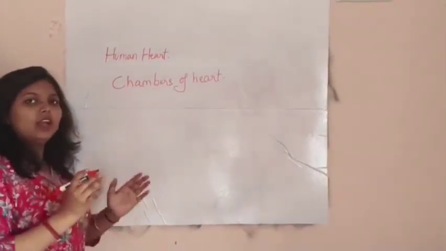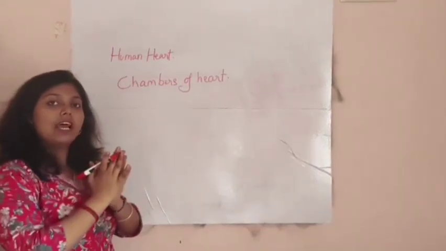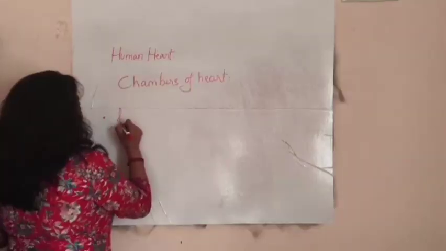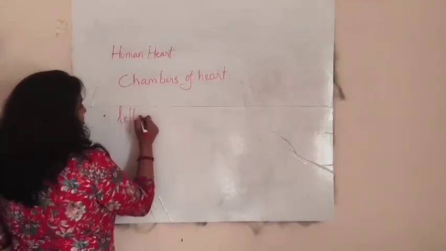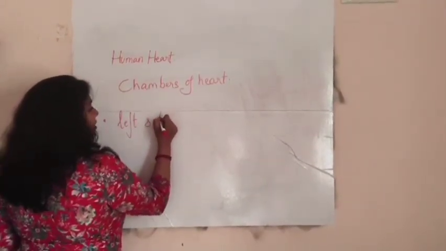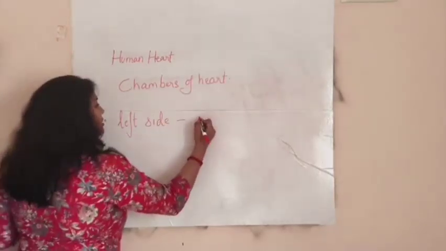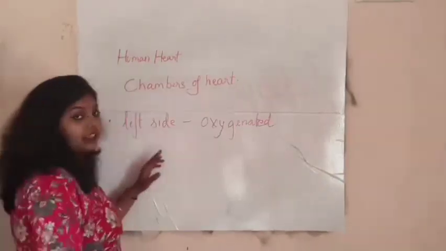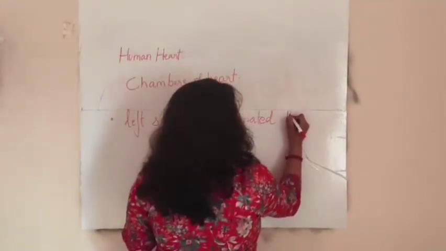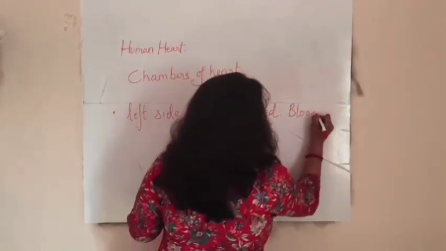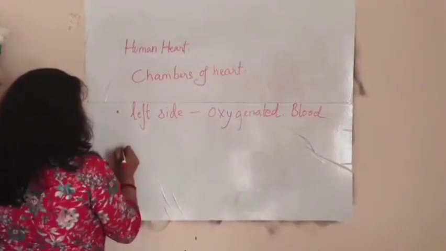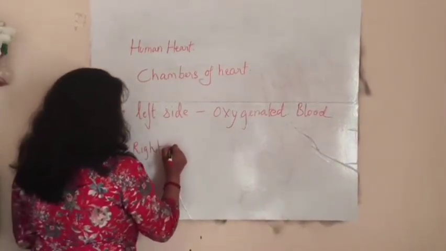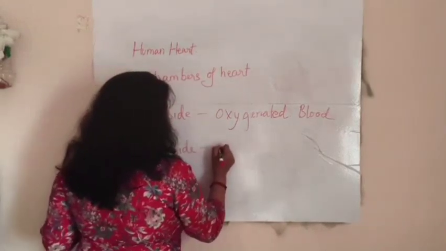So basically, the heart is divided into four chambers that has a left side and a right side. Discussing the left side and the right side, the left side usually carries the oxygenated blood, and the right side has the deoxygenated blood.